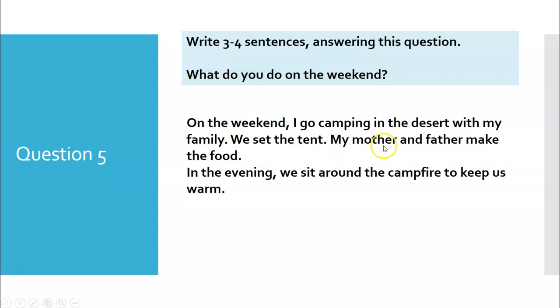After that, my mother and father make the food, means they prepare the food. And in the evening, we sit around the campfire to keep us warm. So I write simple sentences about what we have learned regarding camping in the desert.